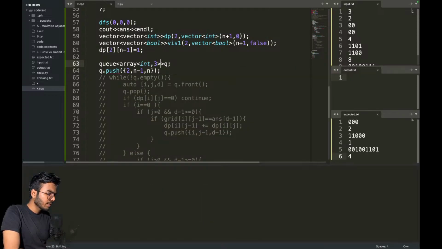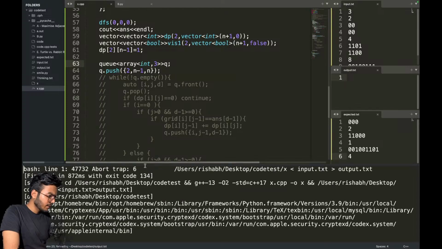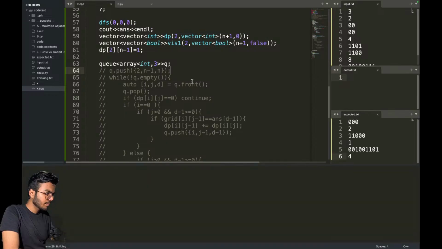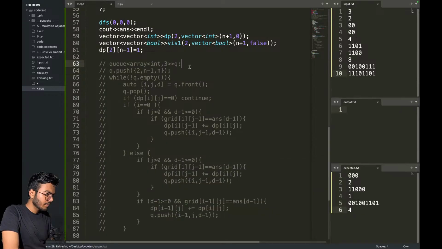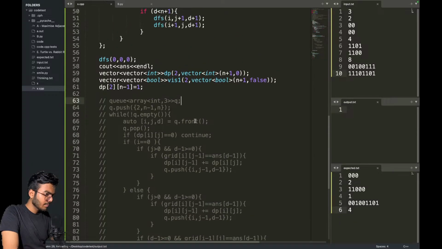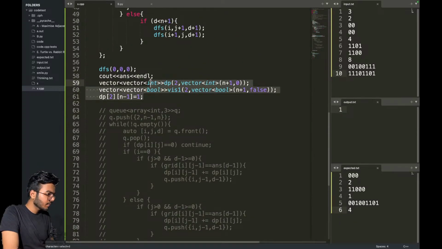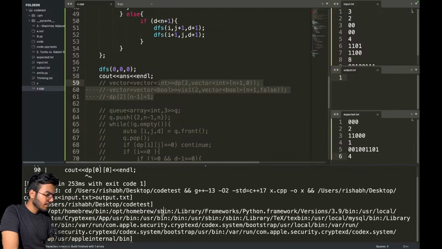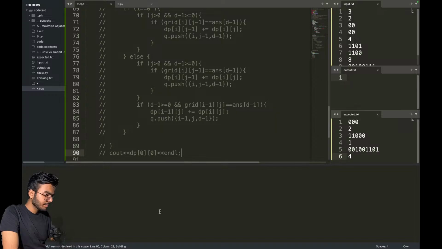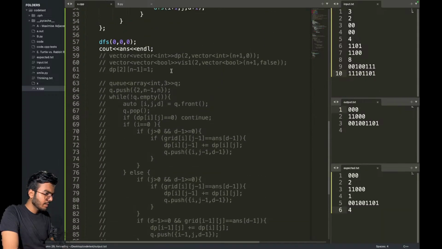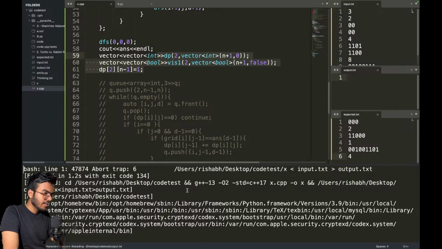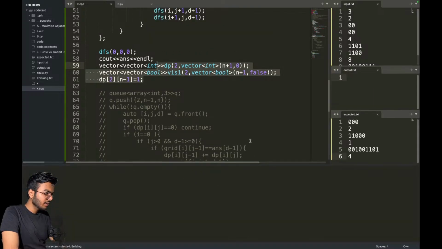So I think this is correct. And now, till this much it was fine, I think. Yeah, this much is correct, but as soon as I initialize this, then we are getting some errors. What was the error exactly? I forgot.